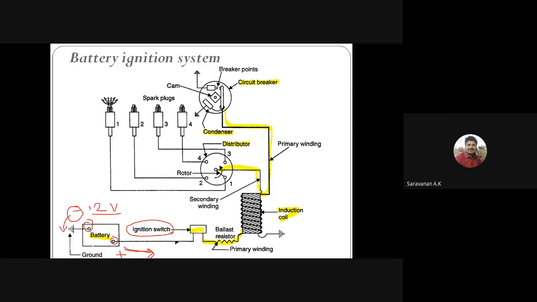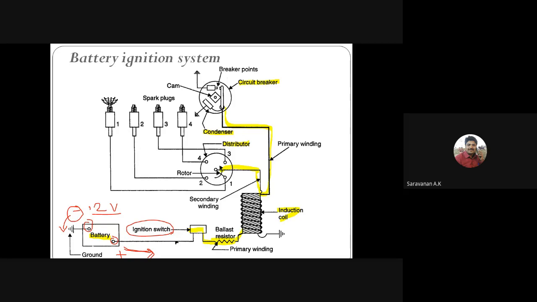So why are we using the resistor? If the ignition switch is on, the current supply will go to the ignition coil, right? Once the power is going to the ignition coil, the temperature of the ignition coil will increase. If more current is going, the ignition coil temperature gets high, right?